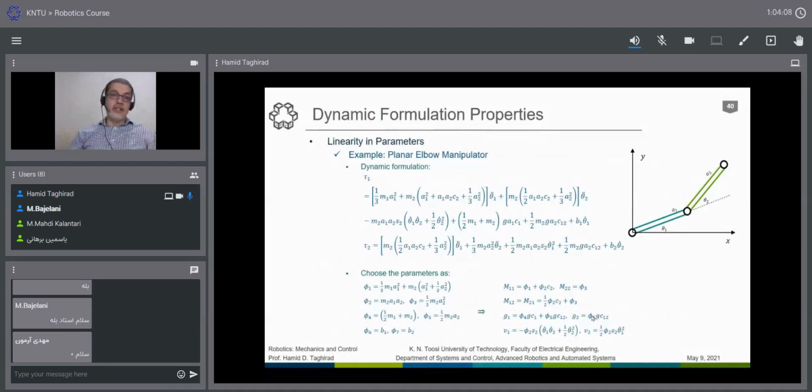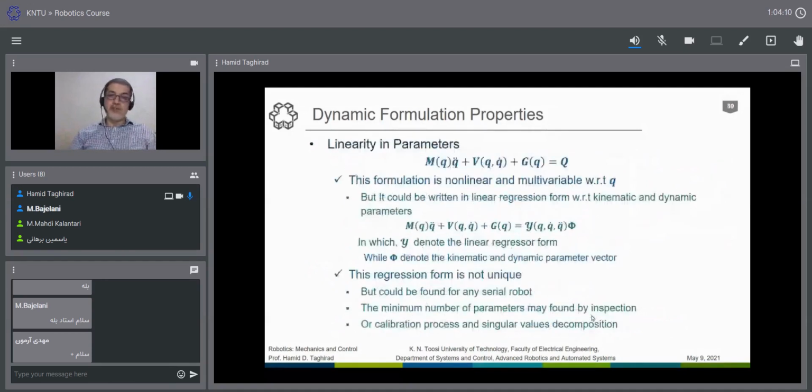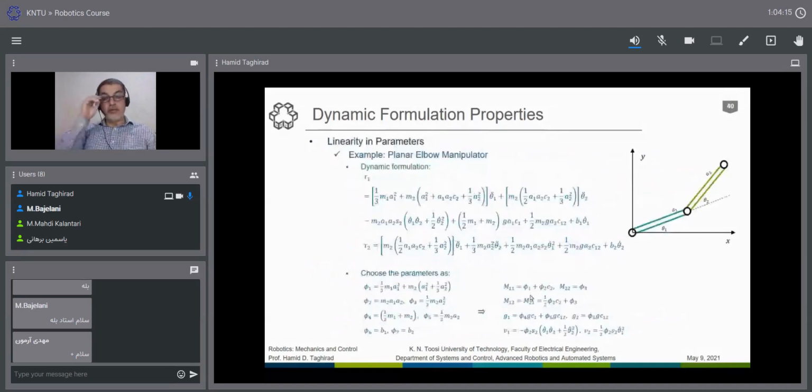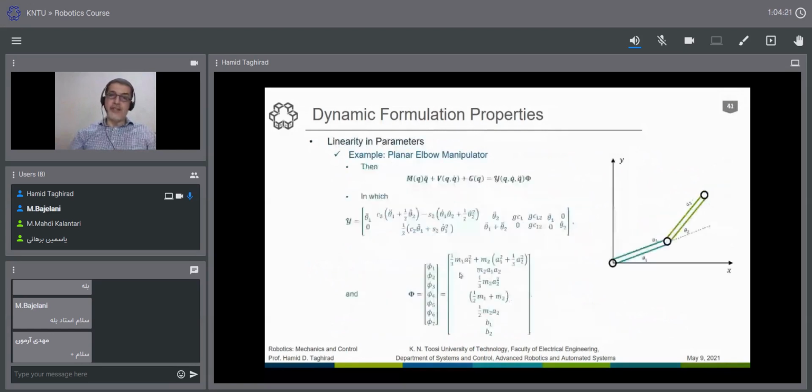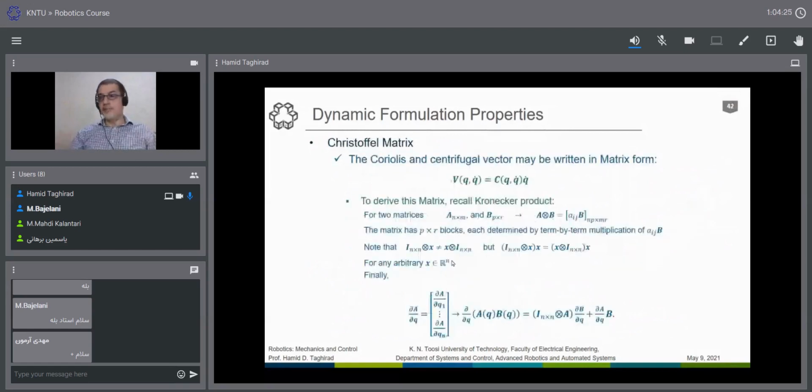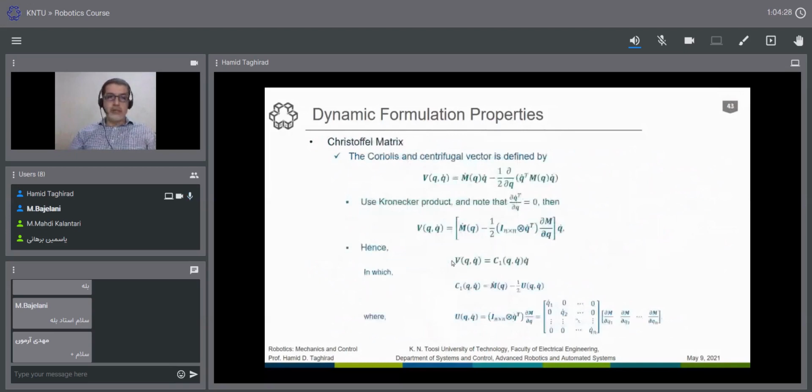I refer you to one of our recent works. We used the dynamic formulation with the virtual work approach, a very, very effective approach, and then used it to find this lower dimensional case. This is also done by singular value decomposition.